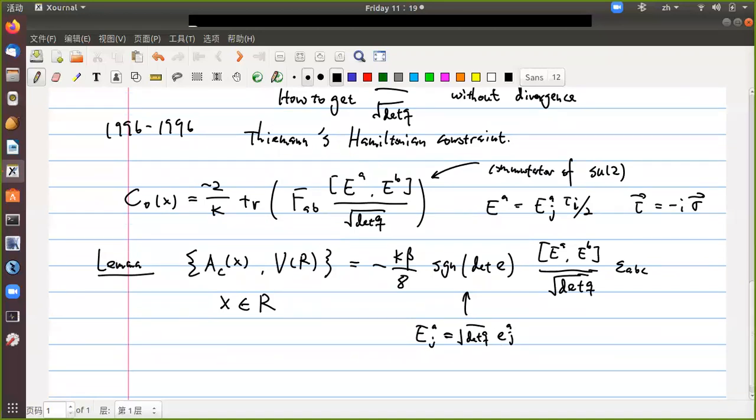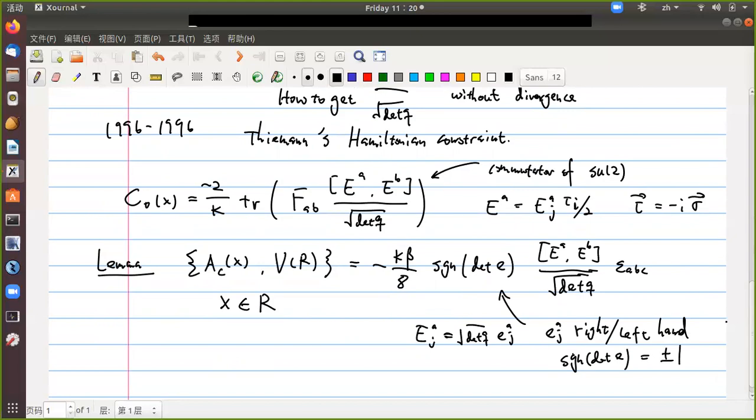Okay, so here this means that E^A_J is right-handed or left-handed, and this sign, determinant E, equals plus or minus 1.